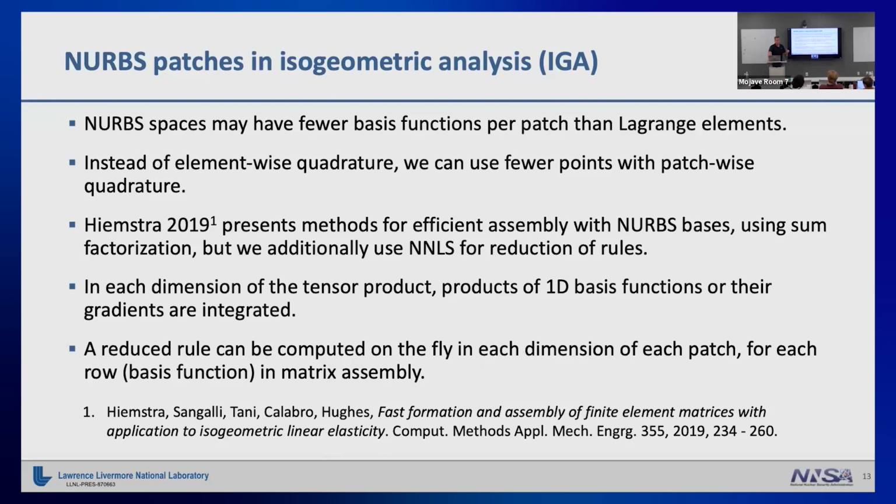Instead of using one rule for the entire patch, we can compute a minimal rule for each individual basis function multiplied by the other basis functions in 1D, taking advantage of the tensor product structure. Then we compute these reduced rules on the fly for each patch, each dimension, and each basis function in 1D, corresponding to a matrix row.